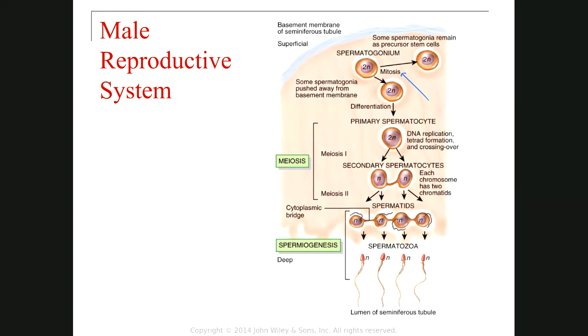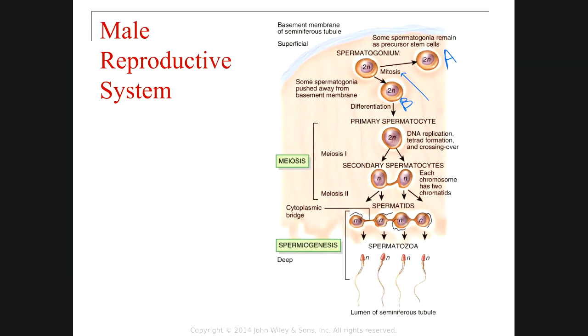One of these is called type A, and the other is called type B. Type A remains on the basement membrane to do mitotic division again. But type B differentiates, and by this differentiation, it makes a primary spermatocyte.